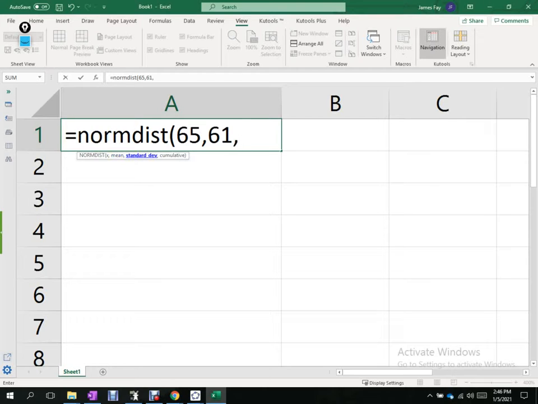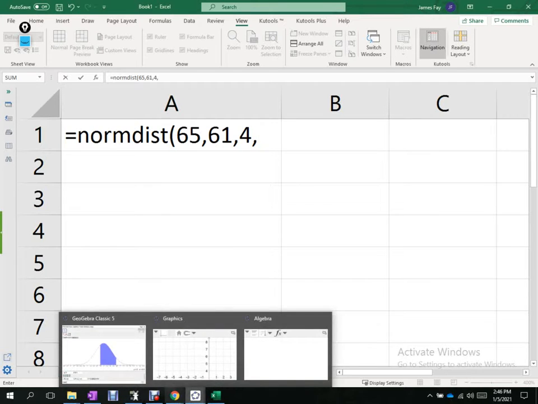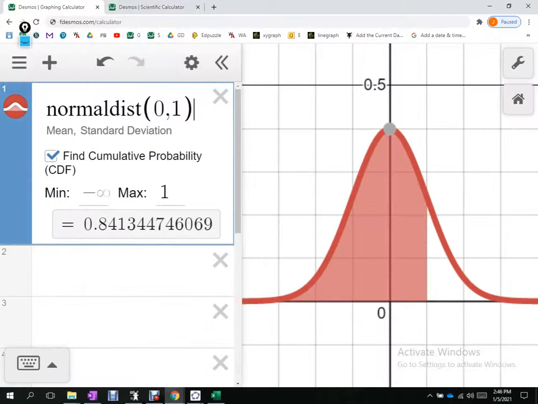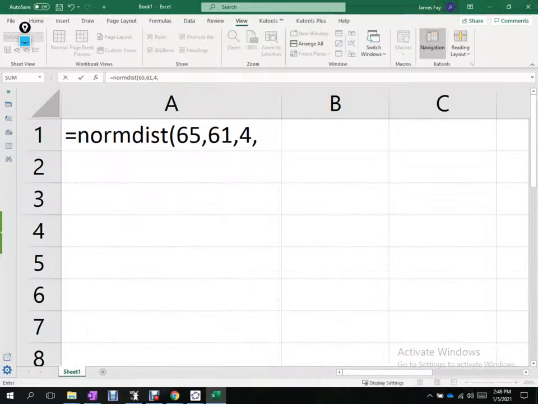The next one is standard deviation. Standard deviation was 4. And the next one says cumulative, and this is a yes or no answer, and Excel works with yes and no as true and false. So I want it to be cumulative. I want it to add up all of these areas to the left here like we have in this image, okay? So I'm going to type in true.